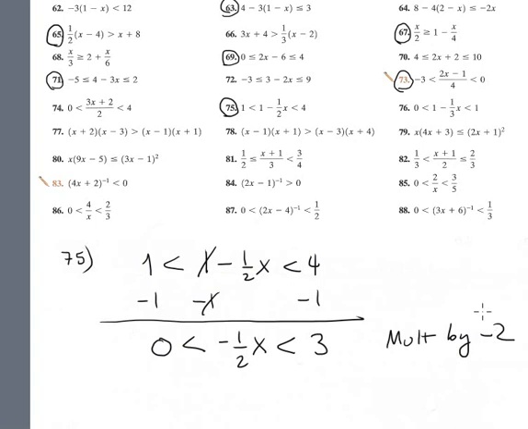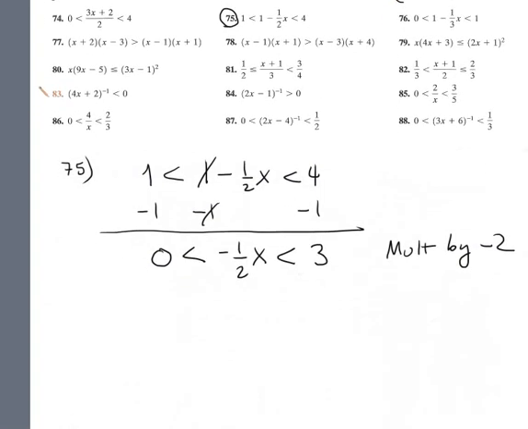When you multiply by negative 2, the whole thing, 0 times negative 2 is 0. This times this is just x, because negative 1/2 times negative 2 is positive 1, and this is negative 6. 3 times negative 2, and you must reverse the inequality sign again. In order to write it in an elegant way, you put negative 6 here, 0 here, and you must reverse the inequality sign again.